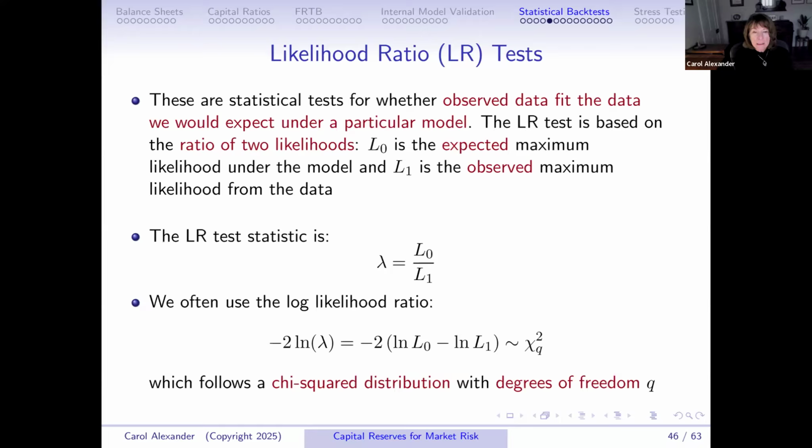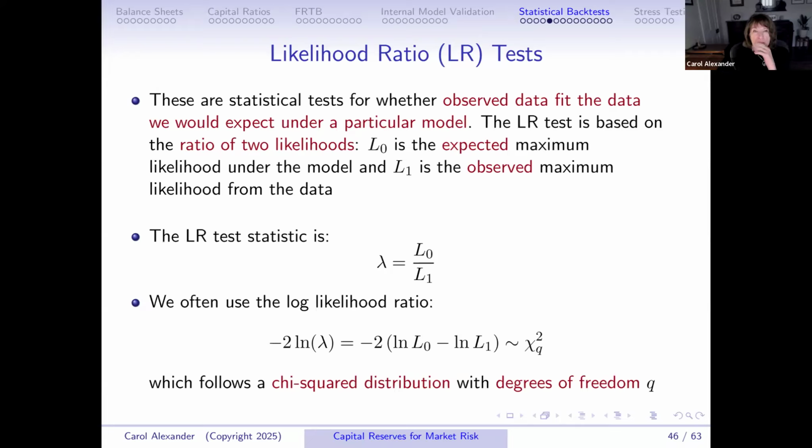And the LR test statistic is the ratio of the two, we call it lambda. But because these likelihoods are products, the likelihood of data is the height, right? To get the likelihood of a whole sample, you have to multiply lots of heights together.